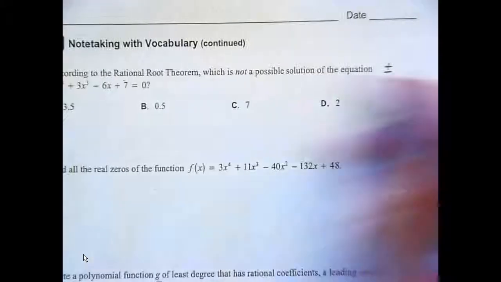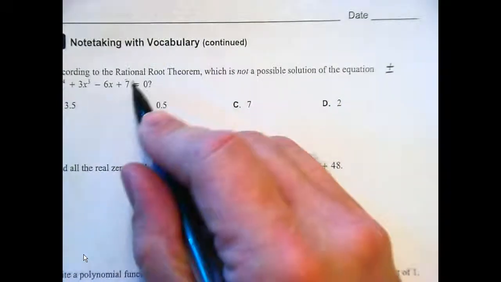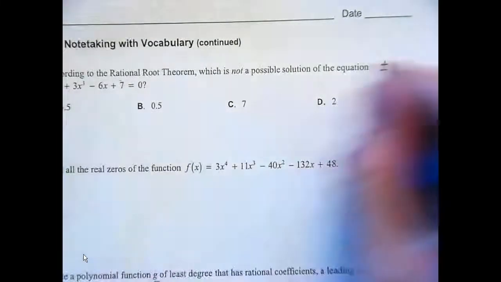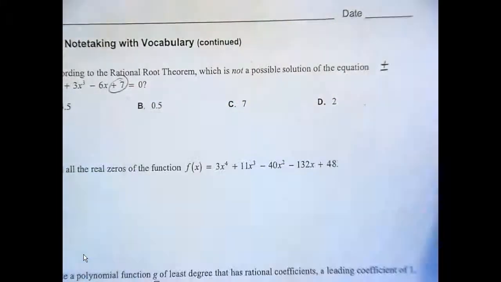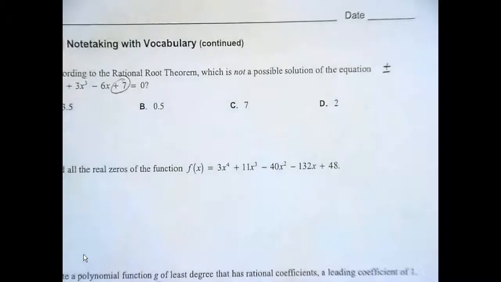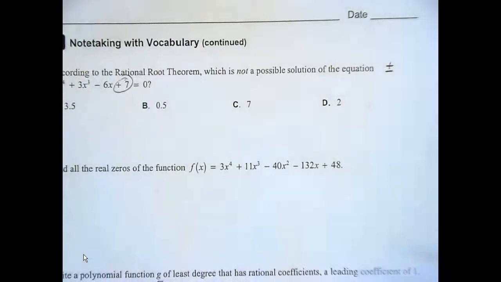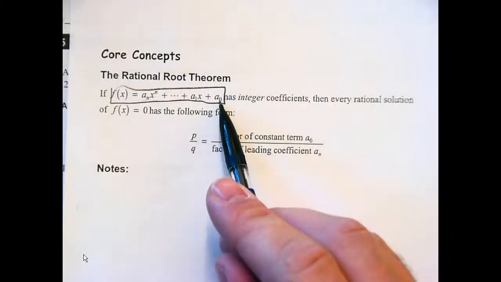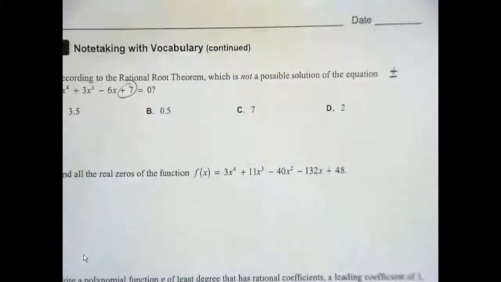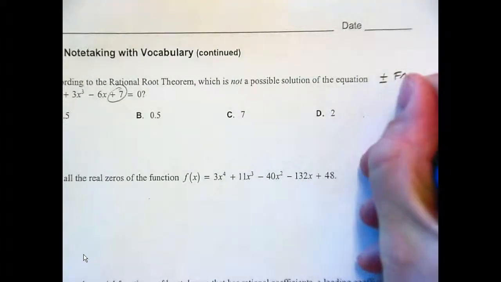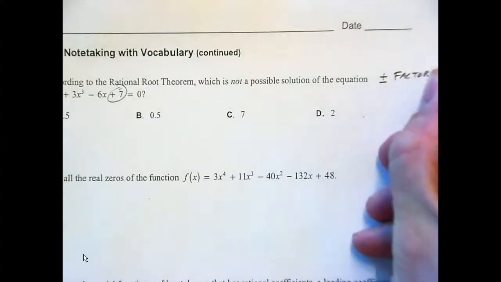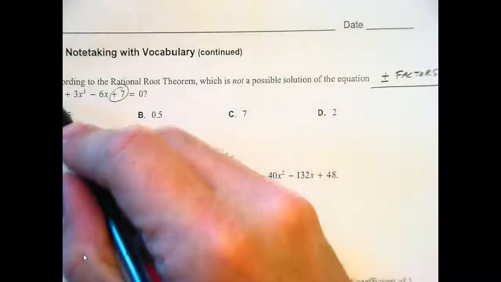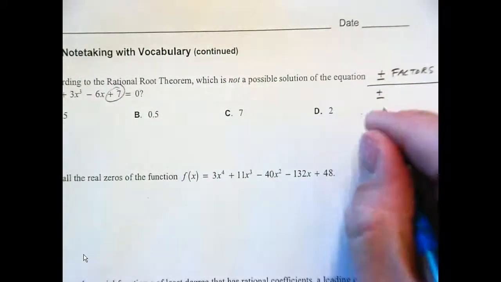positive and negative values, or the factors of your back term, in this case, your last term. In your book, they call that your P, or excuse me, A sub 0. That's your last term. You take all the factors of, in this case, 7, and divide it by all the factors of your leading coefficient, which they're calling in your book A sub n.